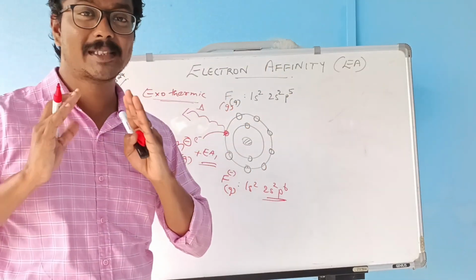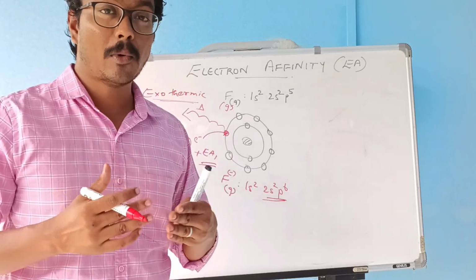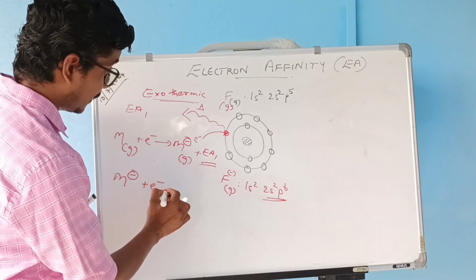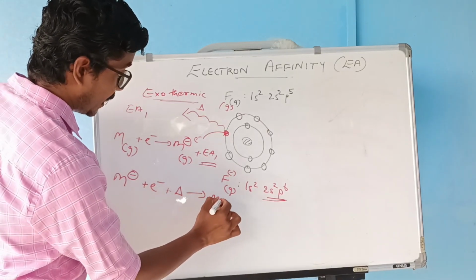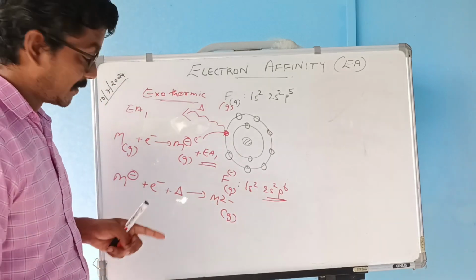So we have to supply some energy to overcome this electron-electron repulsion, in order to form M2 minus in the gaseous state.